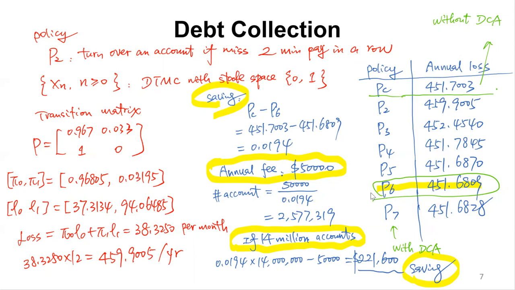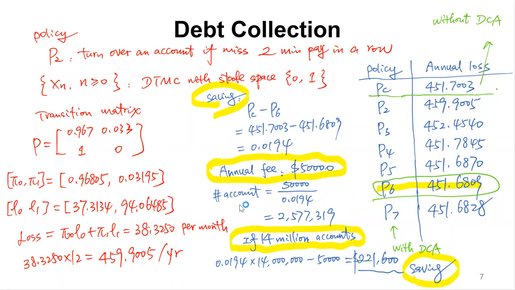So suppose we're going to use the DCA and employ this policy. The saving for one account is actually 0.0194 per month. Okay, not per year. Now, the annual fee, if we want to use DCA, is 50,000.